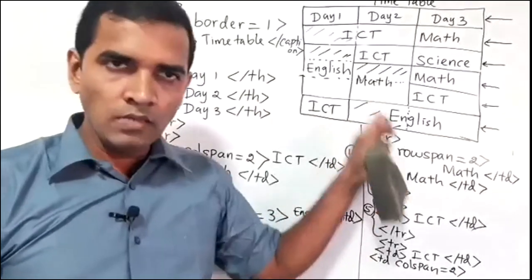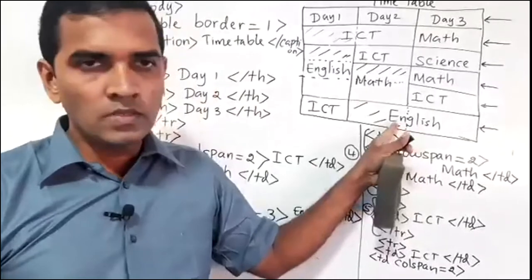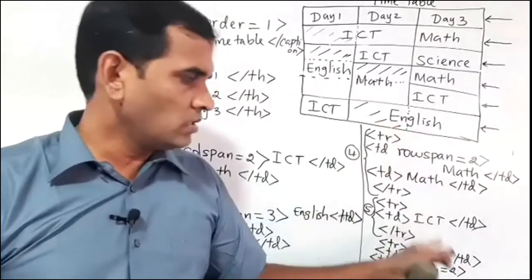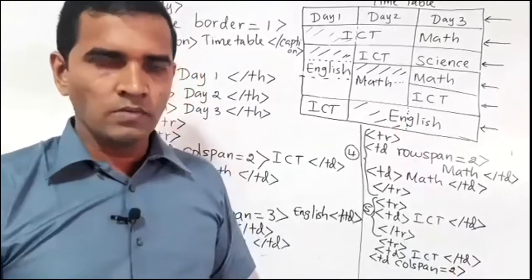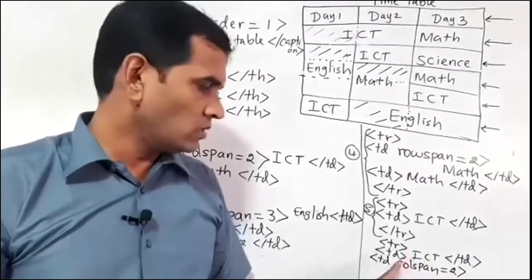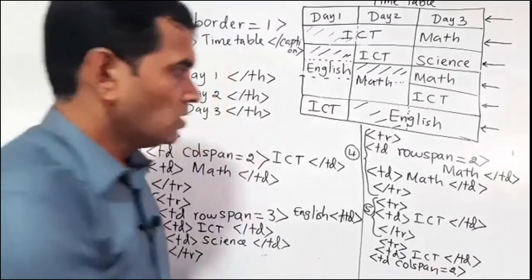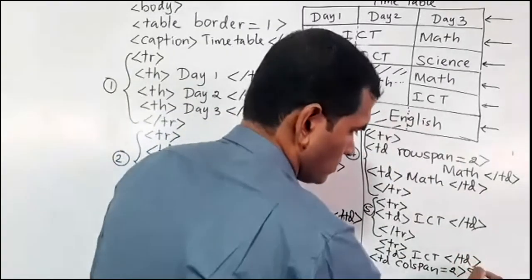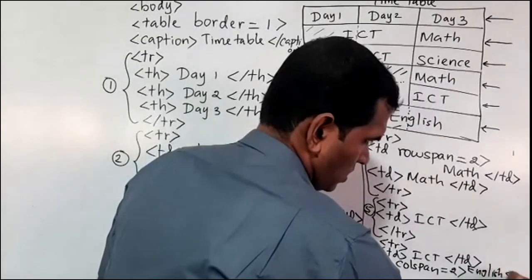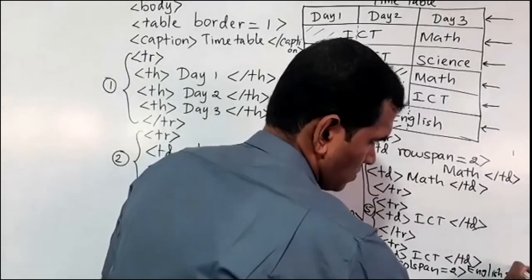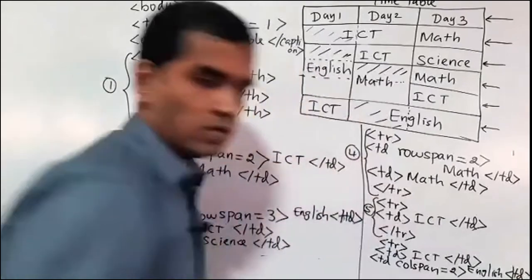Here also the alignment is important. Look, it is in the center position, so it is better to use the attribute align equal center, but I ignore that one. So TD colspan 2, then give the word English. Close the TD.